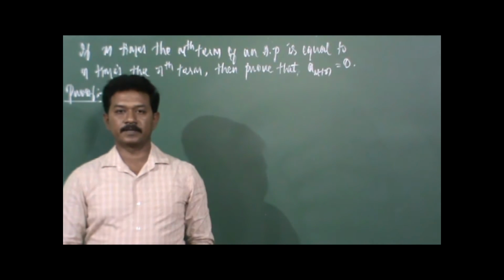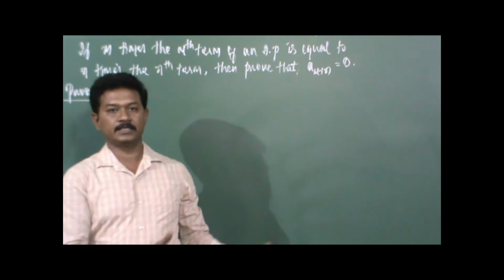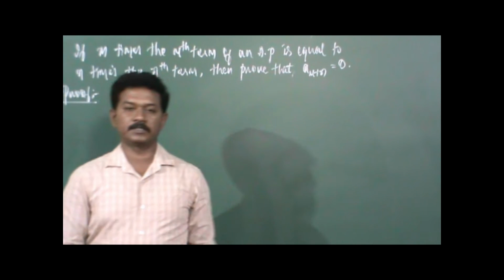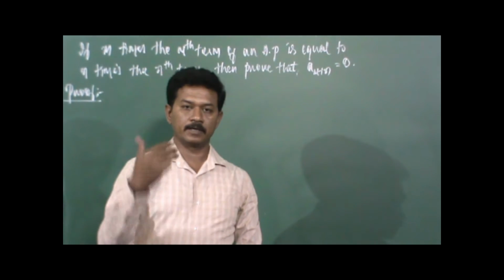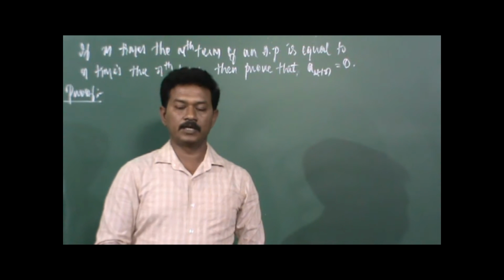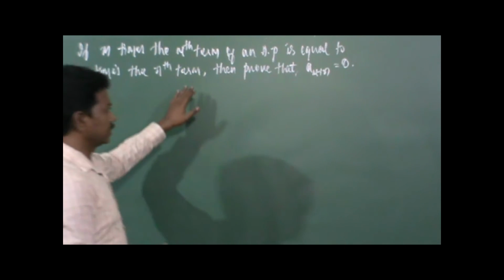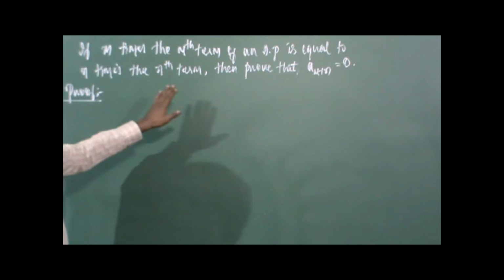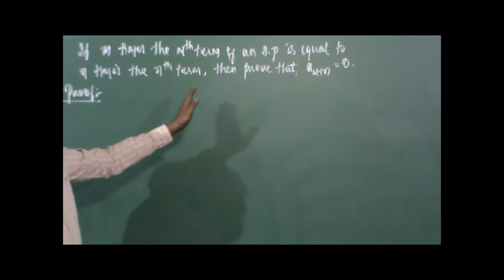So that is the problem here. This is the generalized version of the problem. Usually we have numerical problems on this, which were solved in session 11, I hope. Let us see how the (m plus n)th term of the AP comes out to be 0.